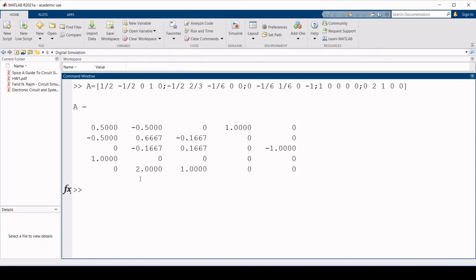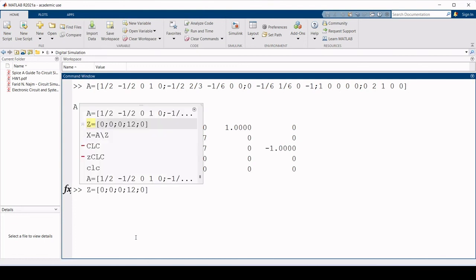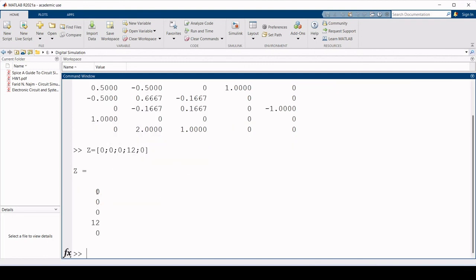So this is the A matrix. Then you can enter the right hand side column vector, that is Z equal to 0, 0, 0, 12, 0. Once you have entered the A matrix and the right hand side column vector, you can get the solution: X is equal to A slash Z.